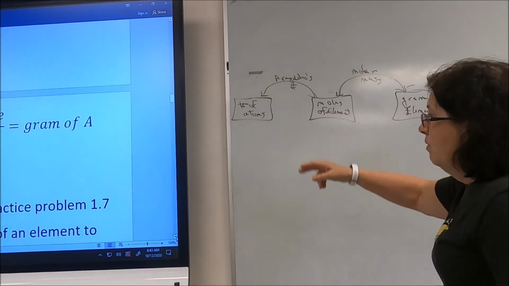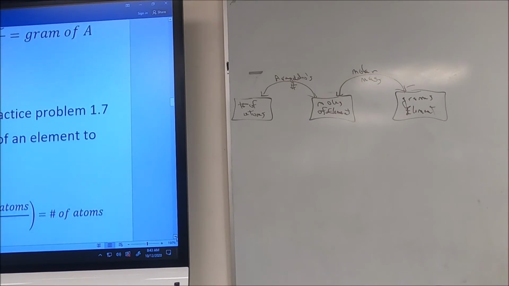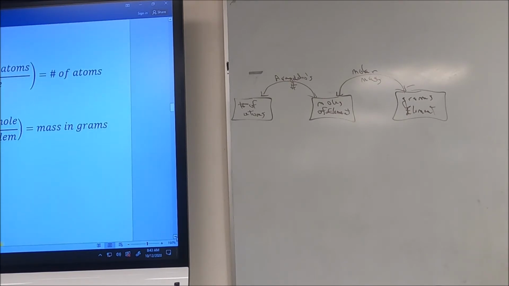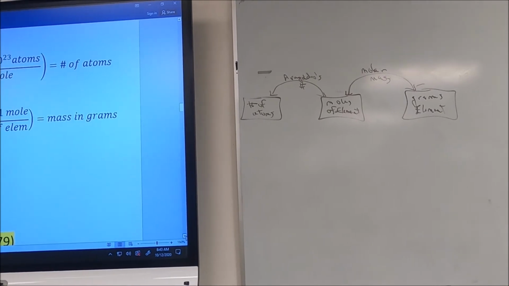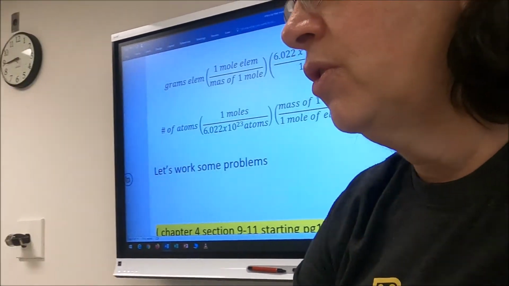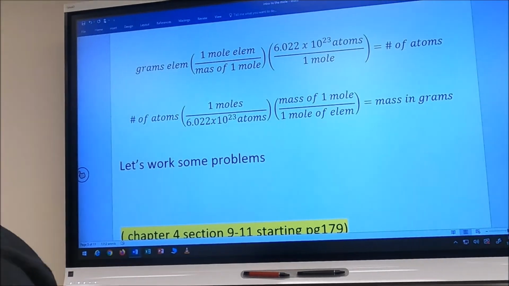Looking at this now, you can see that you should be able to go from moles of one element all the way to grams of one element to numbers of atoms, or numbers of atoms all the way to grams of an element. If you look in your notes, I've written this out for you.